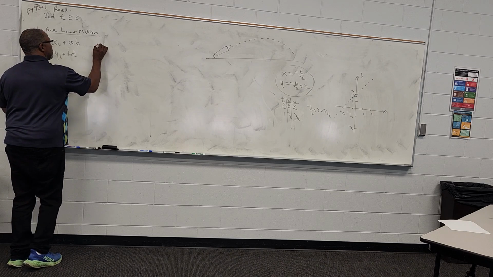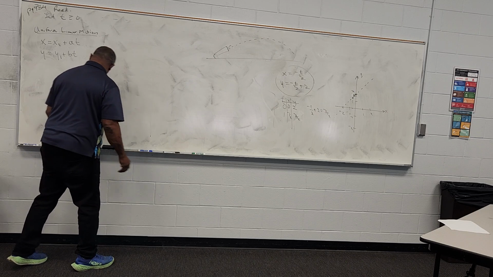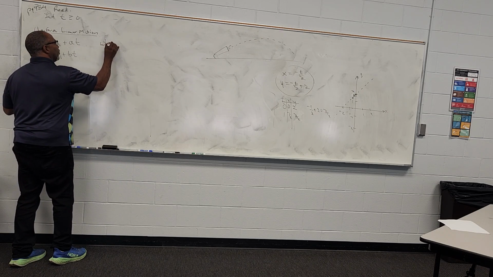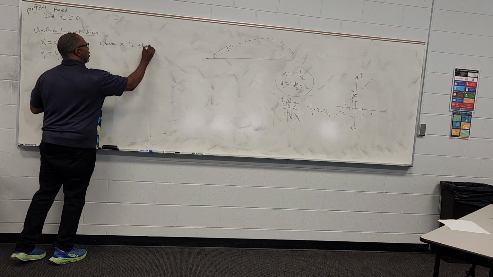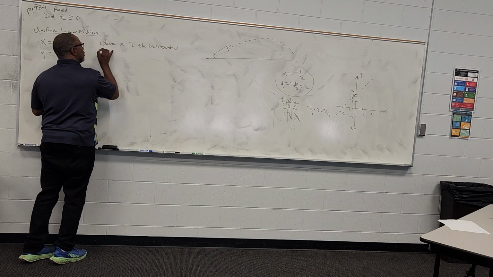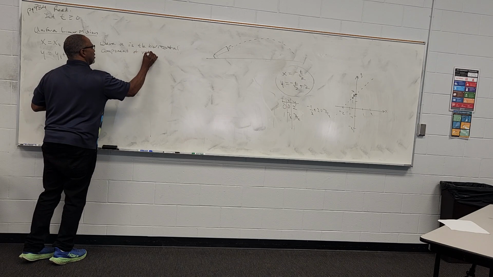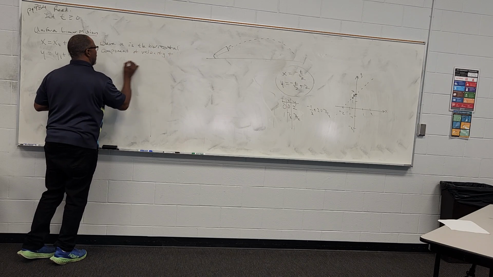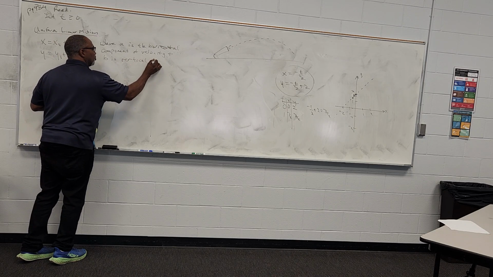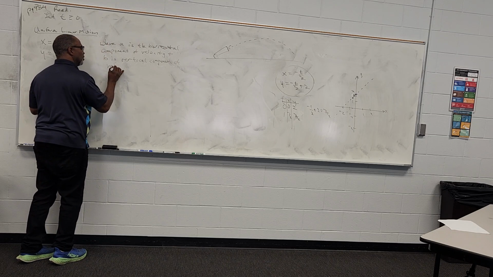And they say where A is the horizontal component of velocity, and B is the vertical component of velocity, speed.